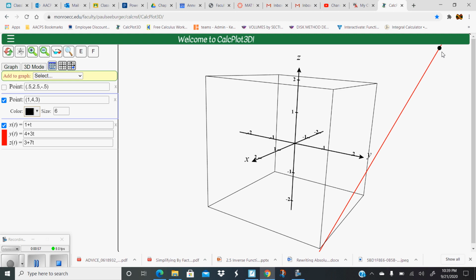To make it work so that we could actually put it on here, I had to plug in -1/2. So if you plug in -1/2, you get 0.5, 2.5, and -0.5, and you can double check that. When you plug that in, here is your second point, and they are both on that line. So we did write the equation of the line correctly. Anyway, that's what I wanted to show you.